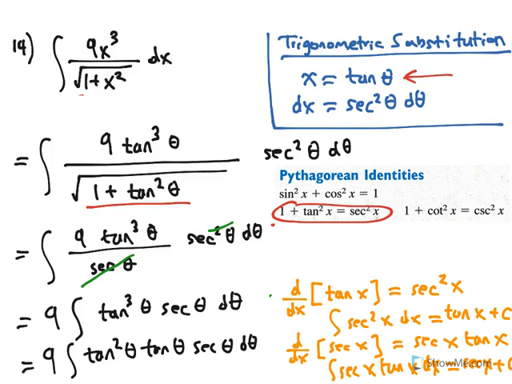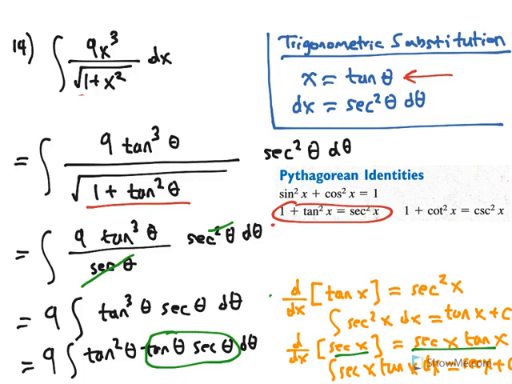What would be the next thing that we might think about doing? We might think about doing a regular u-substitution, rather than a trigonometric substitution. We can see that what we have here is secant tangent, although I have it written as tangent secant. But secant tangent is the derivative of secant.